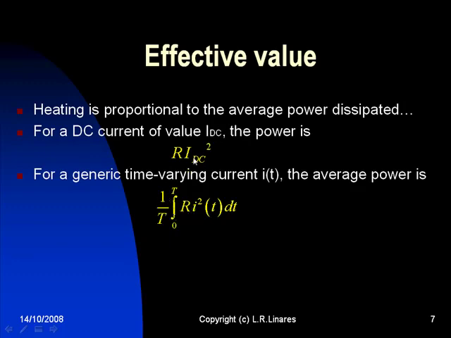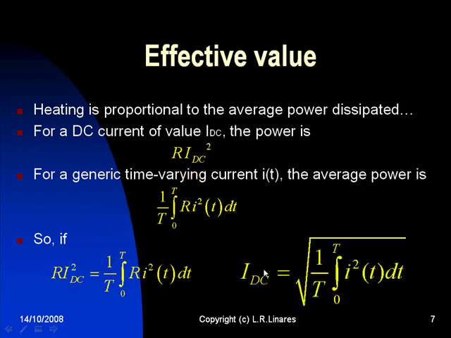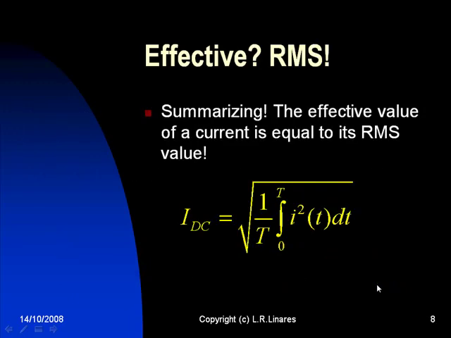But for the I_DC to be the effective value of i of t, those two powers have to be the same. From there we solve for I_DC, and we see that the effective value I_DC of the current i of t is actually the square root of the mean of the square of the current. Wait a minute! The effective value of a current is its RMS value as well, a very important value.